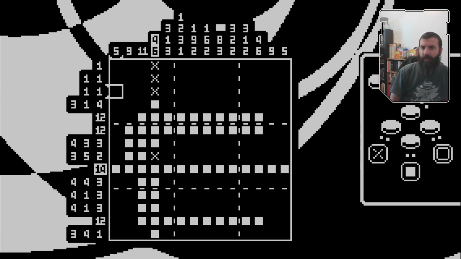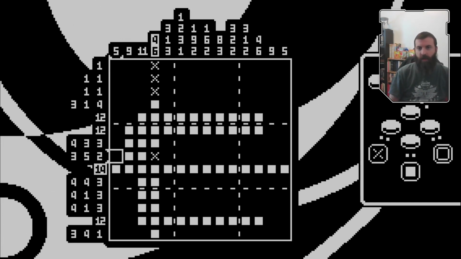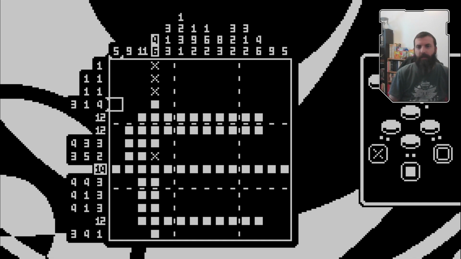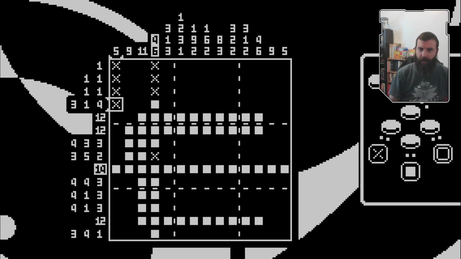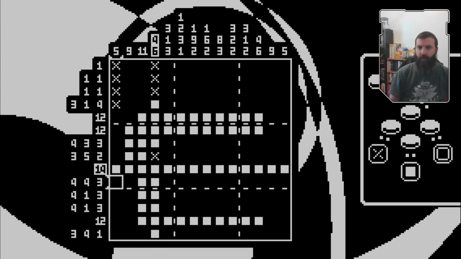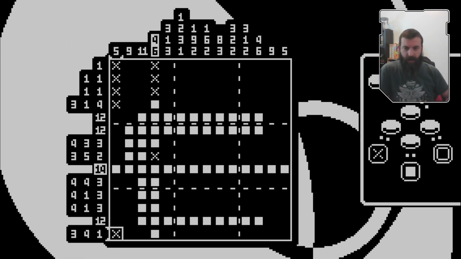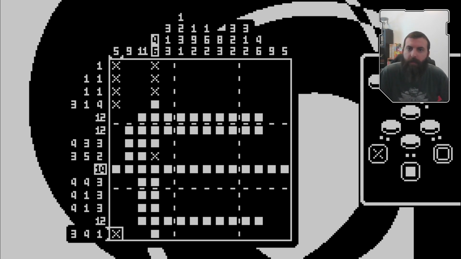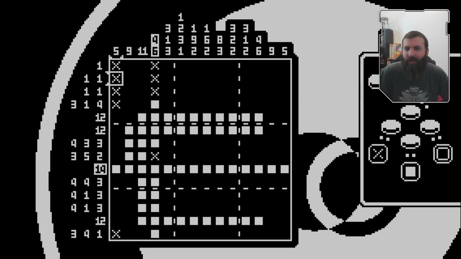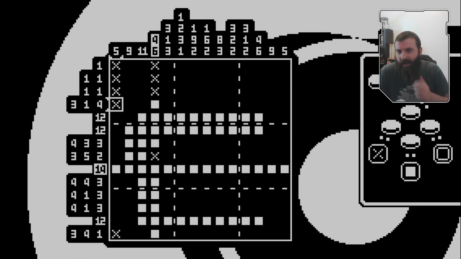Also got this 5 over here. Let me see. 2, 3, 4, 5. So we know that the 5 can't reach up to here. And 1, 2, 3, 4, 5. We know that it can't reach down to here. That doesn't really help us that much, but you know, something.